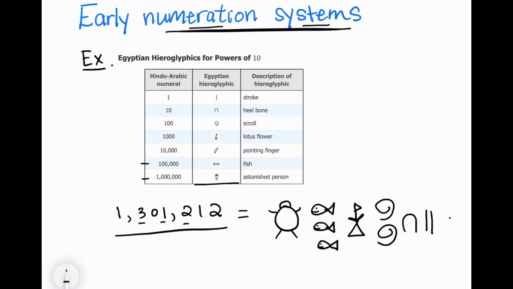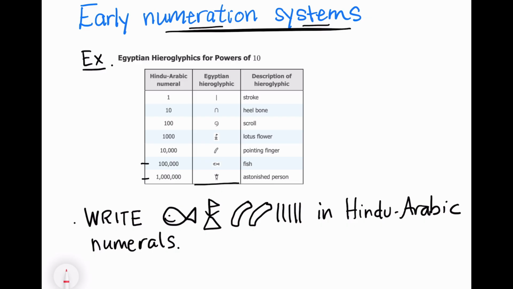Here we have the Hindu-Arabic number, and here we have the hieroglyphics. So let's do an example where we write the hieroglyphics in Hindu-Arabic numerals. And remember, Hindu-Arabic is just our familiar numeration system. In this case, we know that the fish represents 100,000. It's an additive system, so I'm going to write an addition sign. The lotus flower represents 1,000.